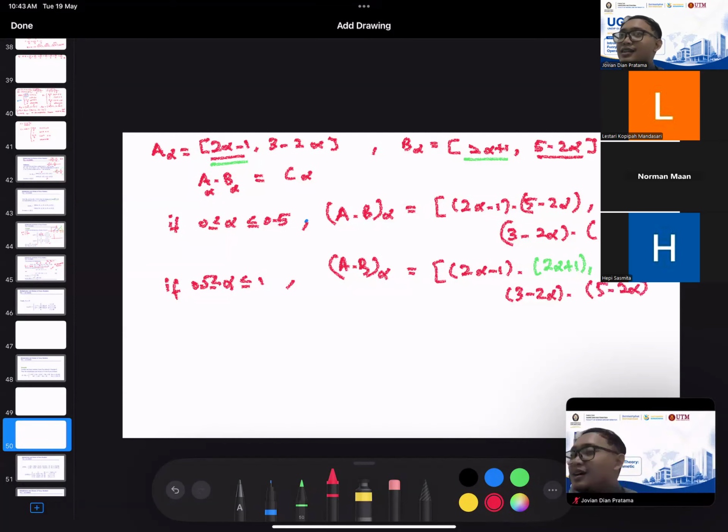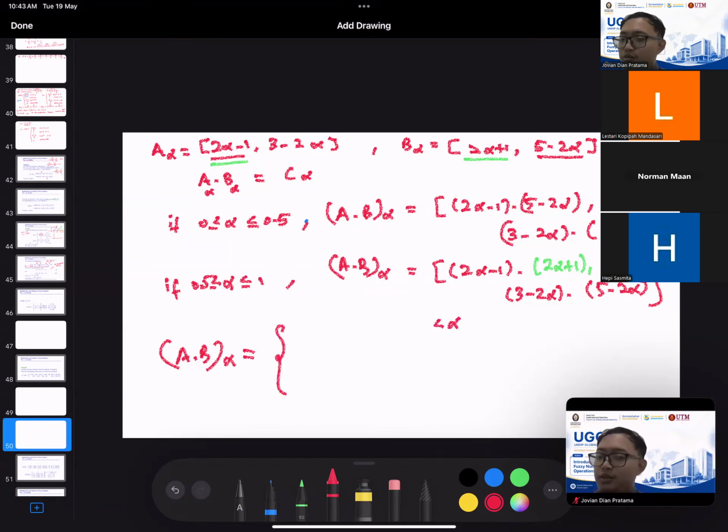Okay, so you need to solve these two values because your A, B alpha here will give you different values when your alpha is between 0 to 0.5 and when your alpha is between 0.5 to 1.